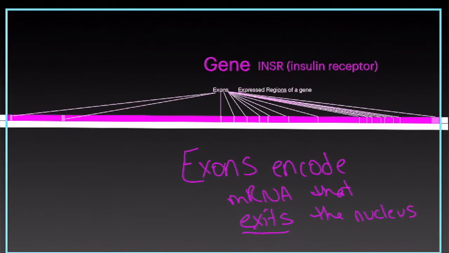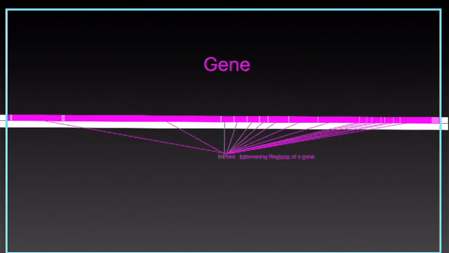Another part are the introns. These larger sections are called introns. Introns get their name from intervening regions of a gene.